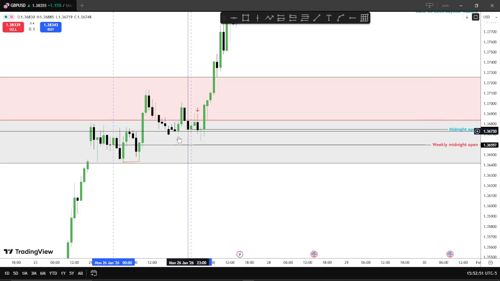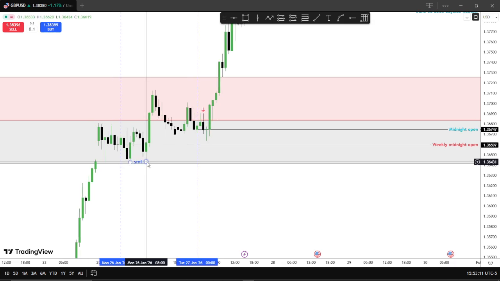We had an SMT divergence between Euro and Pound, where Pound was able to make a higher low and Euro USD made a lower low.